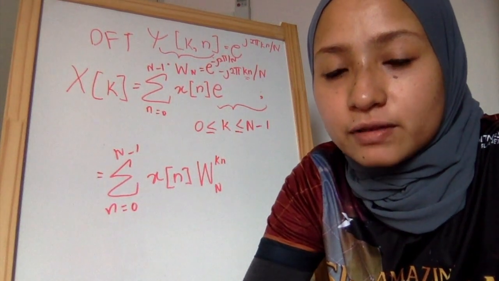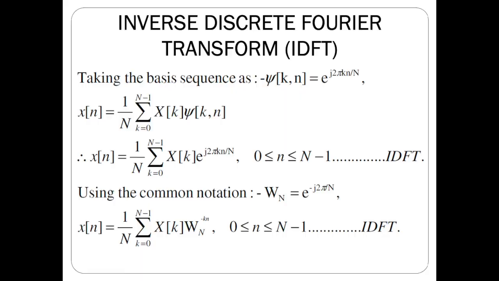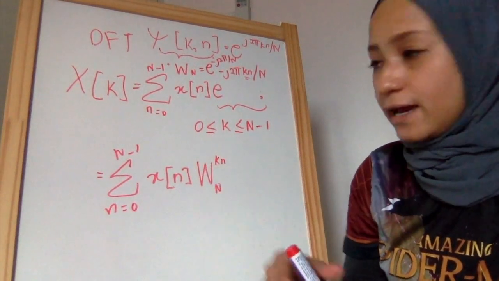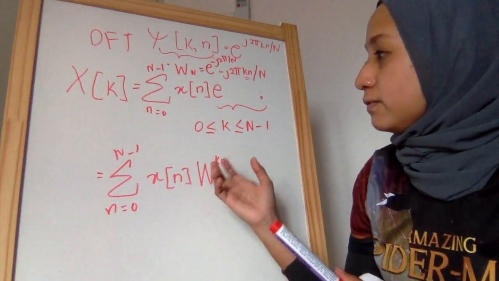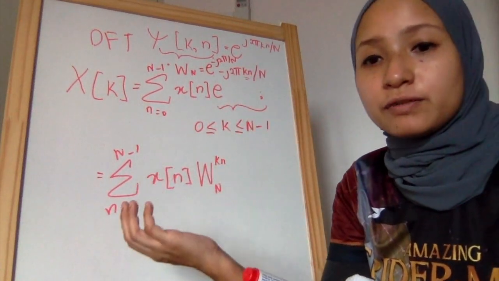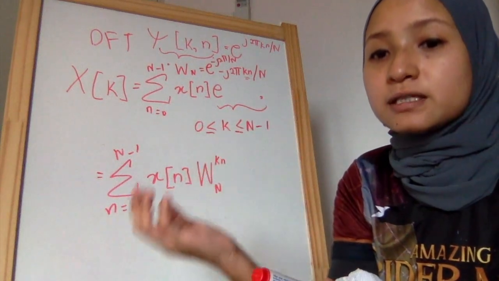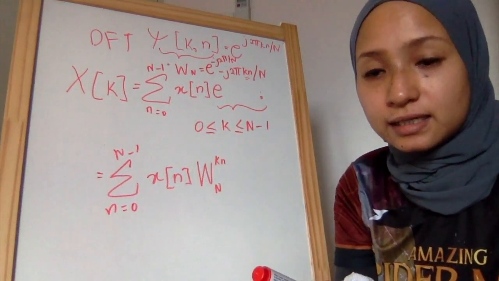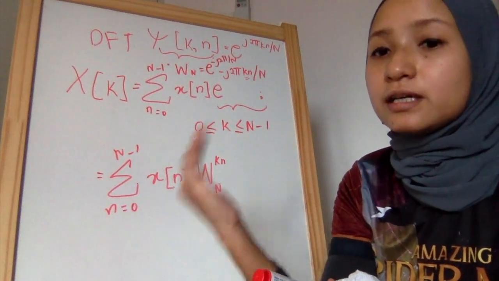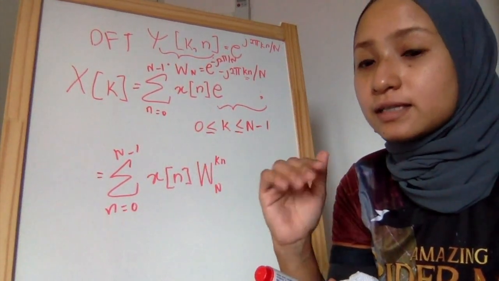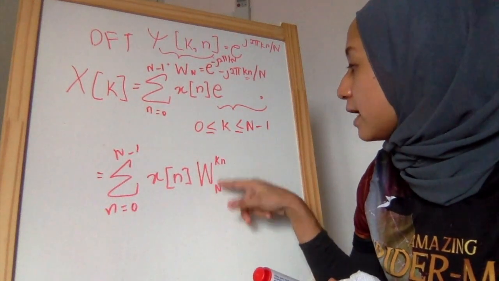You will have the equation 1 over N times the summation of k from 0 to N minus 1 of Xk Wn minus Kn. Why do we have minus Kn for the inverse DFT? Because we want to find the opposite transform of Xk, and the opposite transform of Xk is xn. Since we want to find the inverse, instead of Wn Kn, now we use minus.